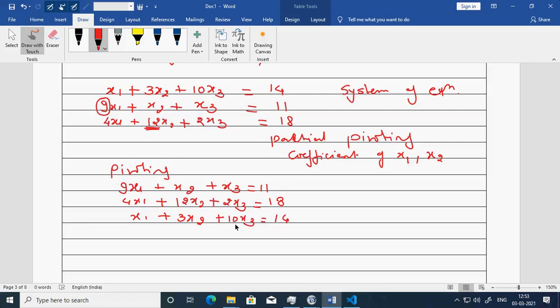I am not bothered about sign in this case; I took all positive, so sign was not the trouble. But you can see that now all my diagonal elements have maximum absolute value. Absolute is the word you have to remember. This is what I have done with partial pivoting. First I found x1, then x2, and then arranged it.